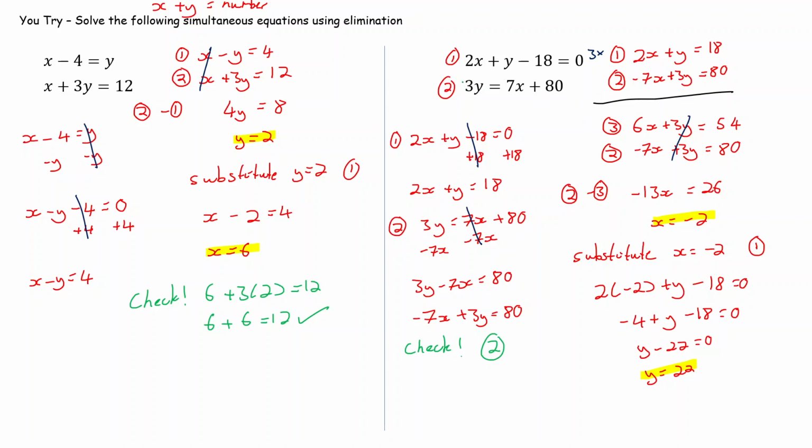So 3 times y, which is 22, should be equal to 7 times my x value, which is minus 2, add 80. So 3 by 22 is 66, and that should be equal to minus 14 add 80, which is indeed equal to 66. So there we go. Check my work, and it's all good.